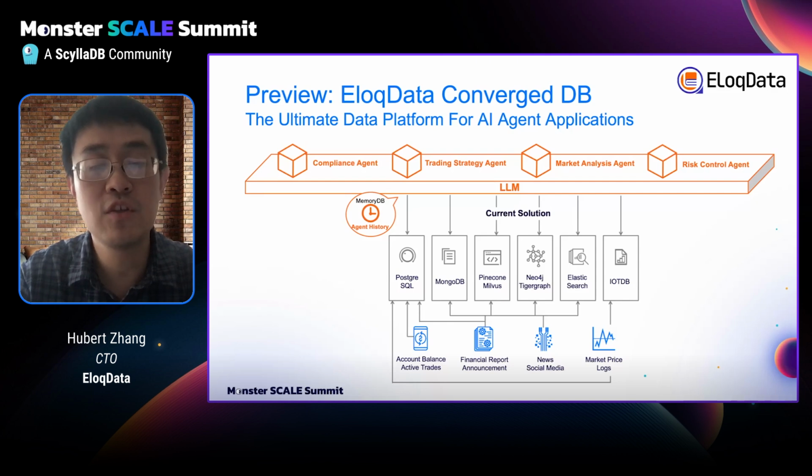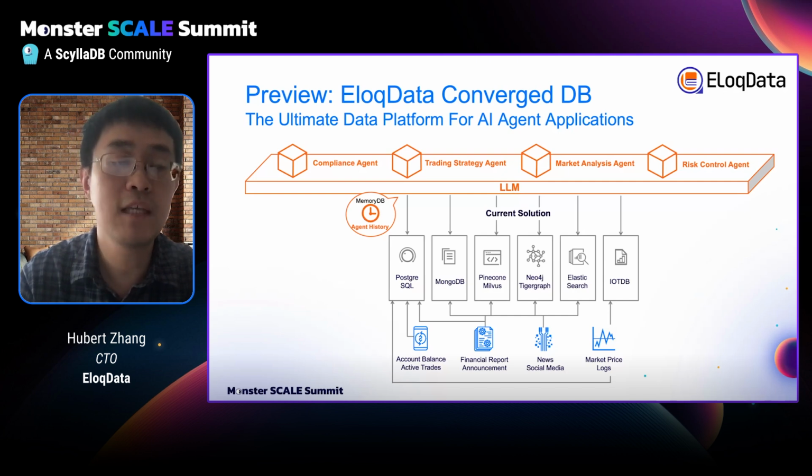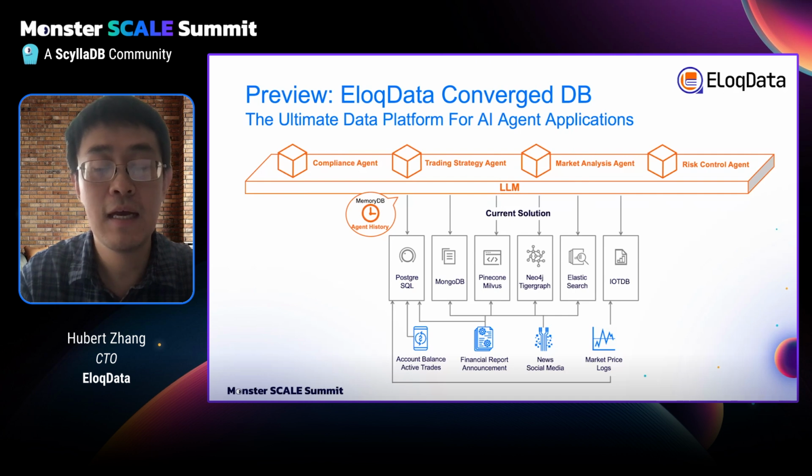They all need to consume different kinds of data which are stored in separate databases. For example, use PostgreSQL to store tabular data, Mongo to store documents, a vector database to store embeddings, a graph database to store relationships, and use ES to store the full-text index, and so on.